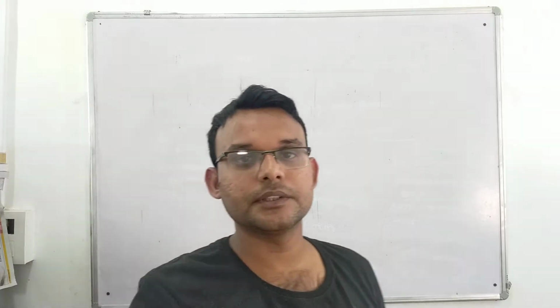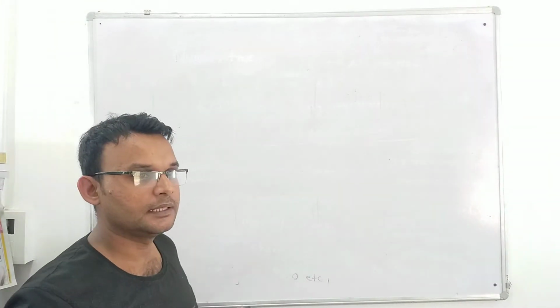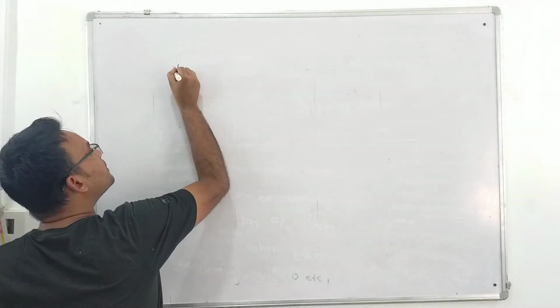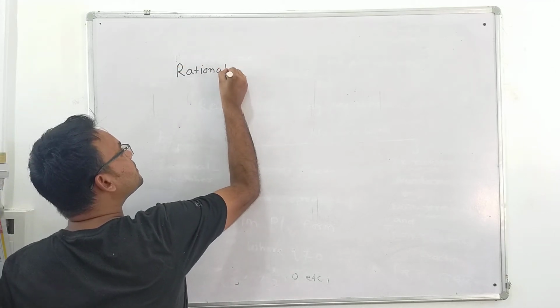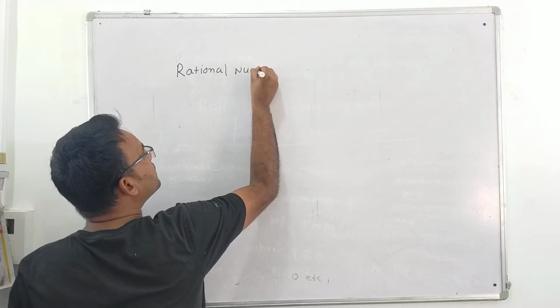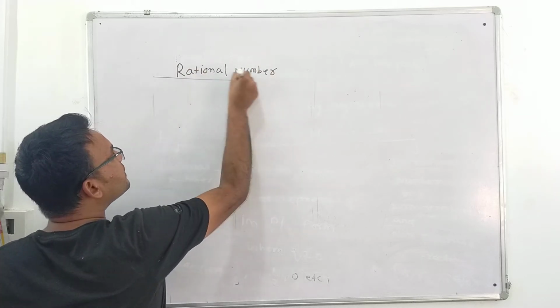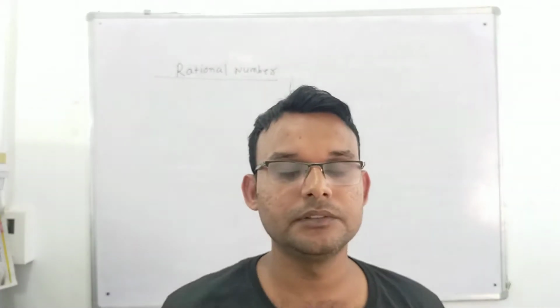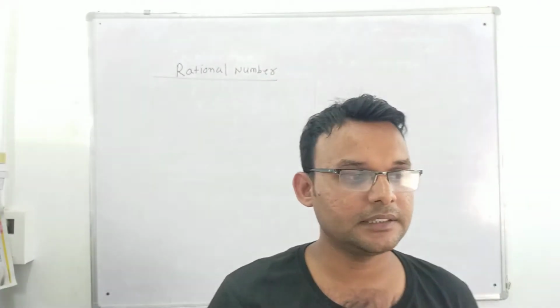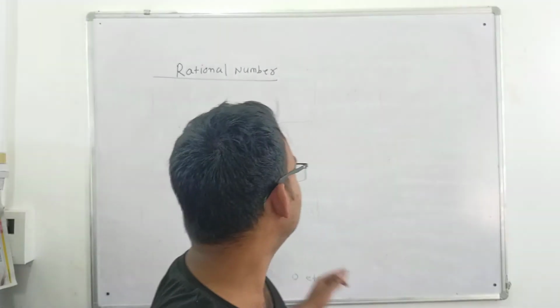Now next is your rational number. As we know the definition, any number that can be represented in p by q form where q is not equal to 0 is called a rational number.